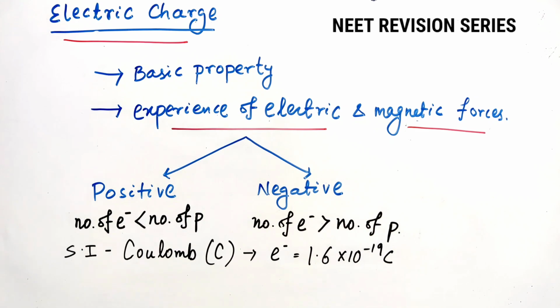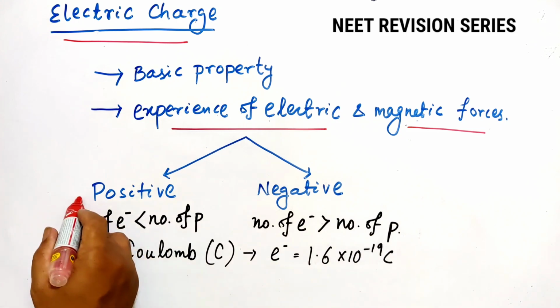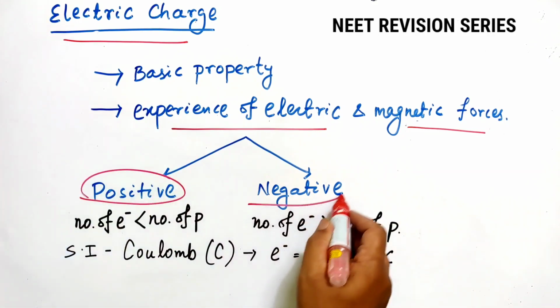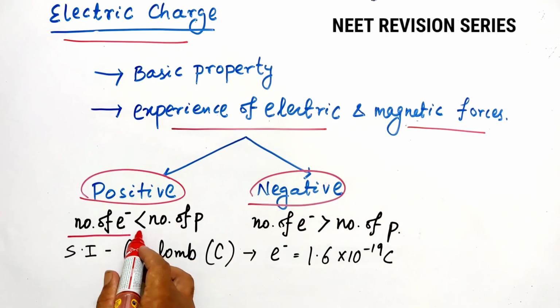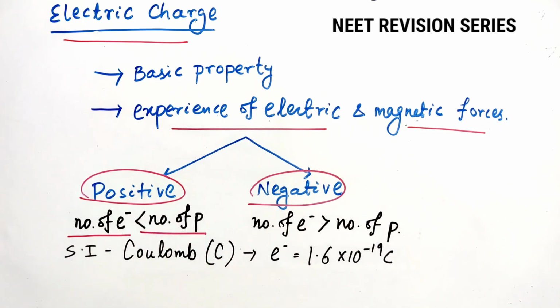Basically the electric charge is divided into two types: one is the positive charge and the other is the negative charge. In case of positive charge, the number of electrons is less than the number of protons, and in case of negative charge, the number of electrons is greater than the number of protons.